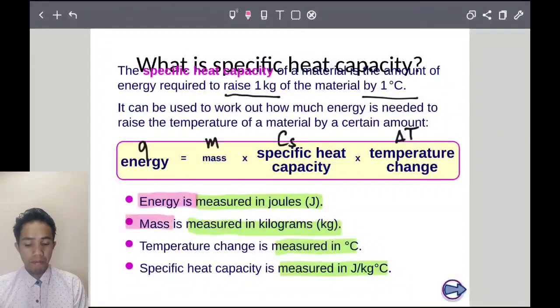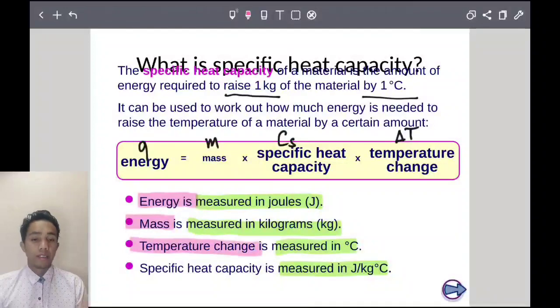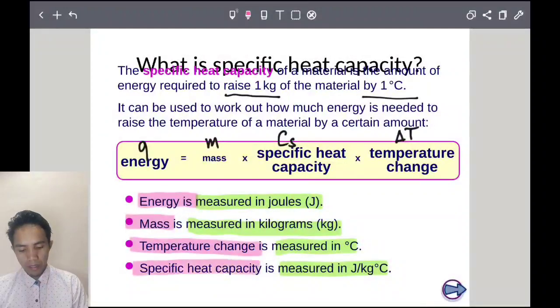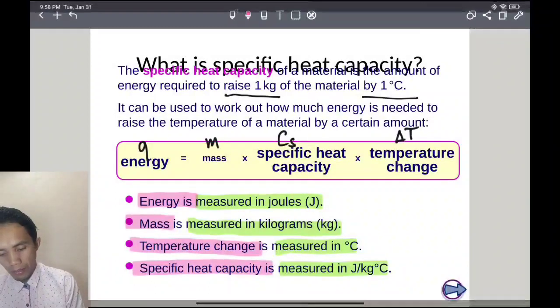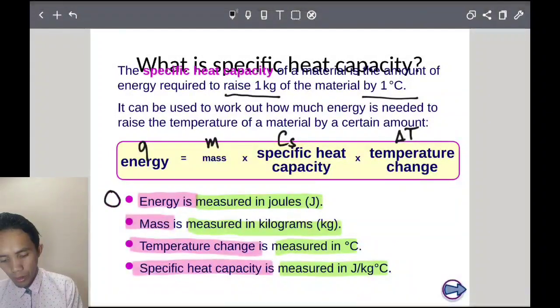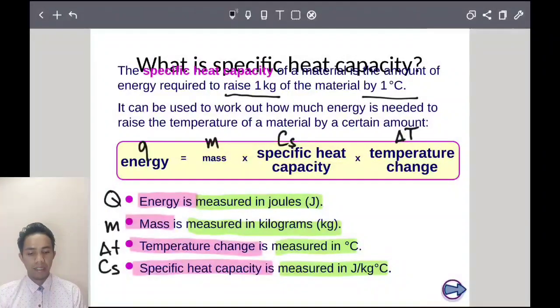Energy, mass, temperature change, and specific heat capacity: Q, m, delta T, and c. Okay, so let's proceed to the next slide.